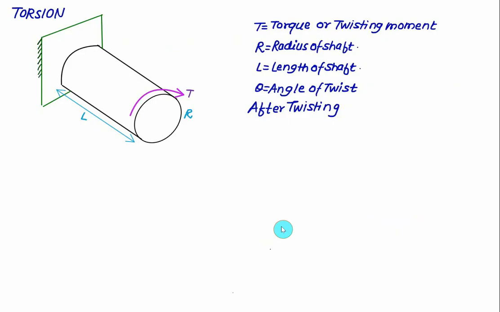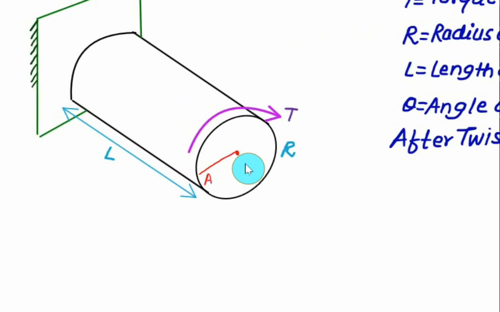So first we develop the equation between the shear strain and the twist angle theta. Let's say T is the torque or twisting moment, R is the radius of the shaft, L is the length of the shaft, and theta is the angle of twist. Let's say this one is the center here, and I draw a horizontal line, the line OA.